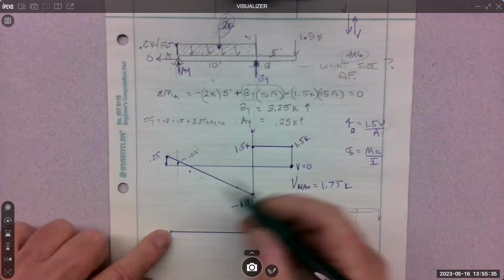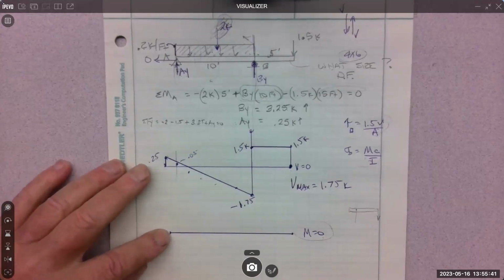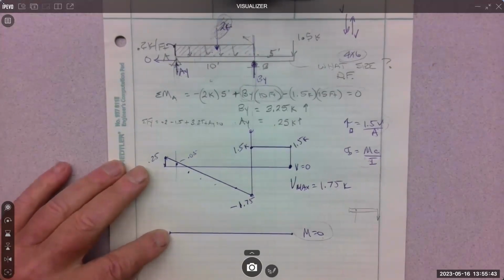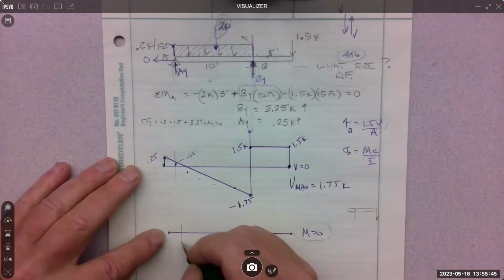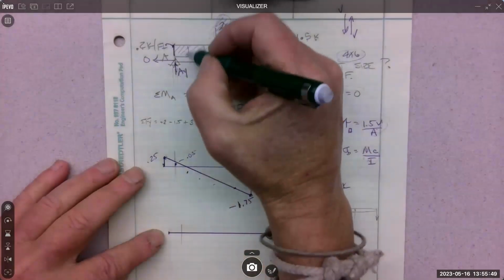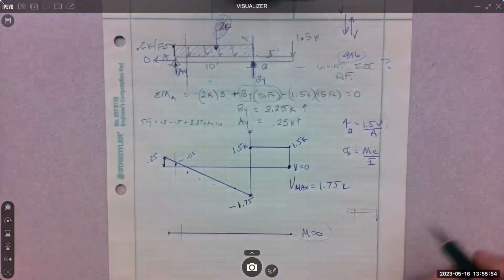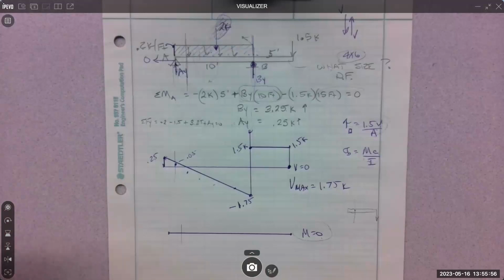All right. So I'm going to show you plotting first, because that's something that we can always do. If you're not sure what the graph does, plot points. Okay. So that means go over at 1 foot and calculate a moment. So if we do that, go over here at 1 foot, draw a line through it. You can look to the left or right. To the right looks a lot more complicated.